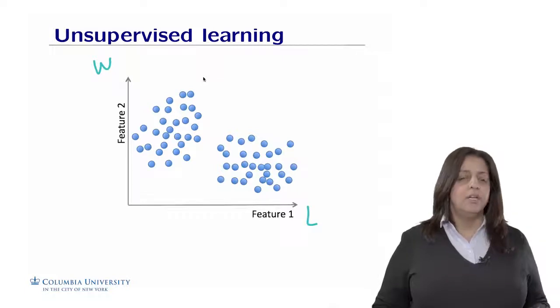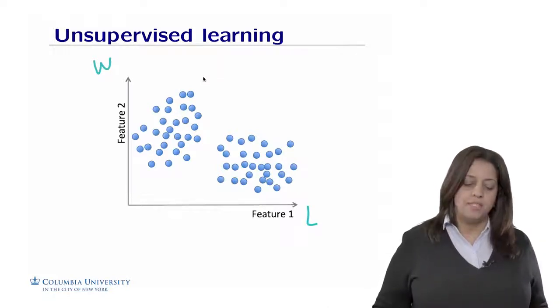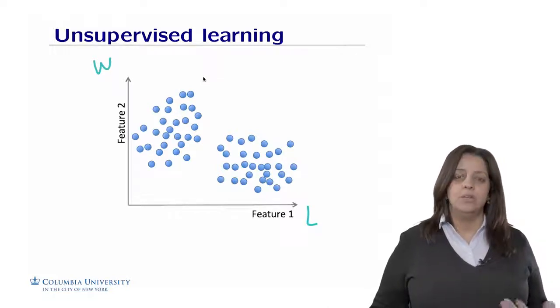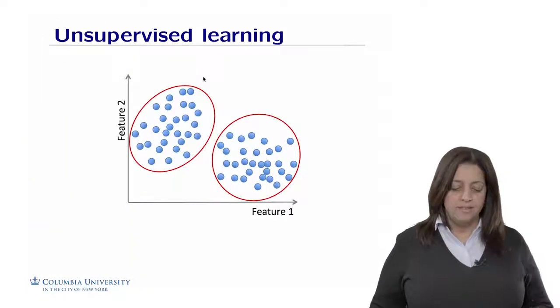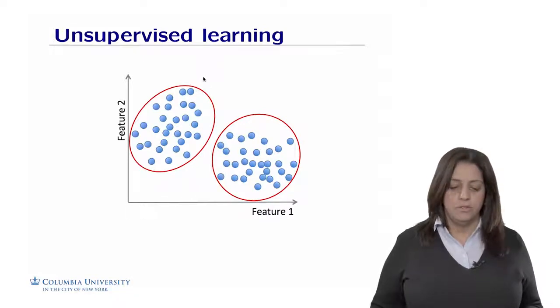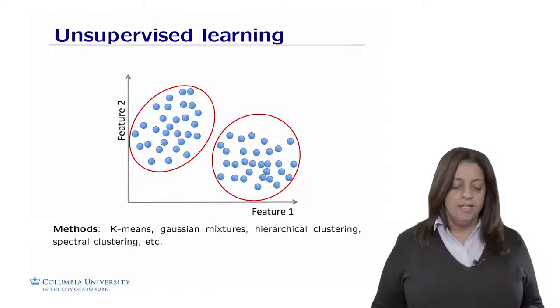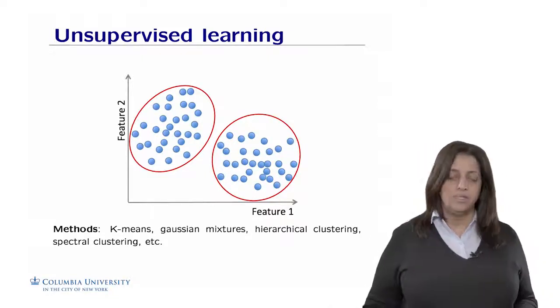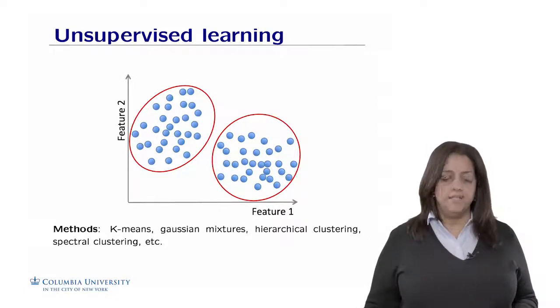We can deploy clustering methods in order to uncover this grouping in the data. In this case, we could discover two ellipsoids, one for each category of fruits. Methods for unsupervised learning and clustering include k-means, Gaussian mixtures, hierarchical clustering, spectral clustering, etc.